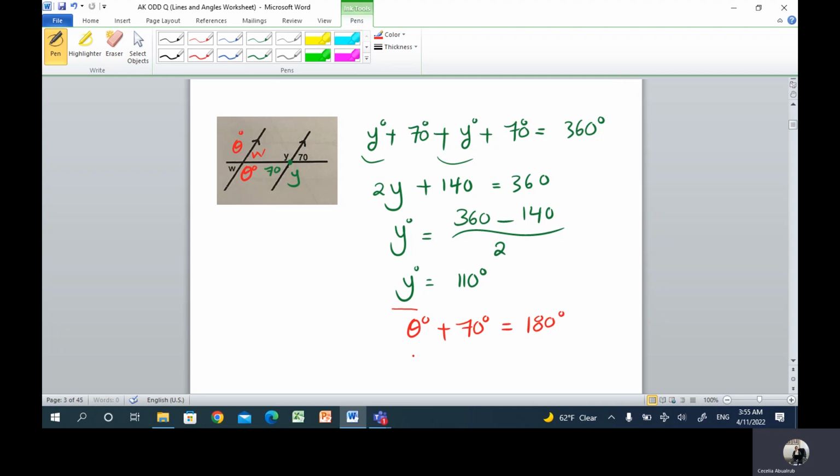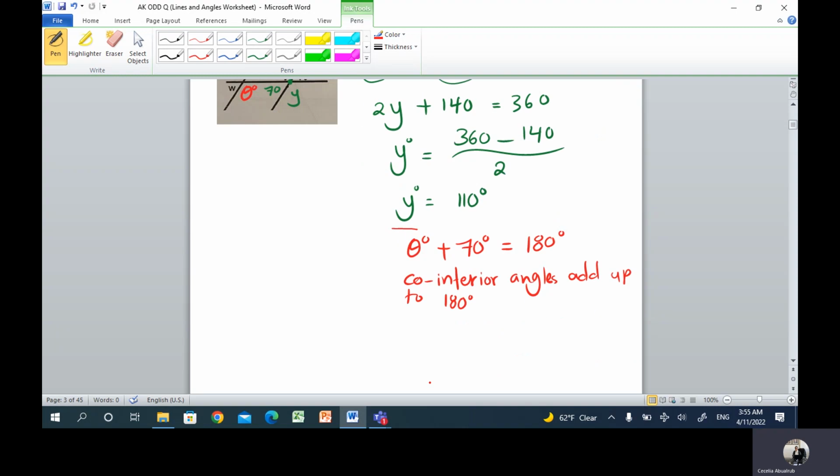The reason behind it, co-interior angles add up to 180 degrees. And if you apply opposite operations, then theta will be 180 minus 70, and it will be 110. Okay?